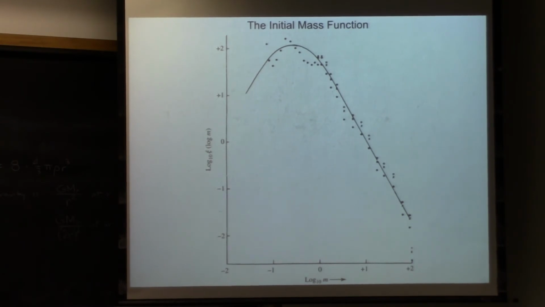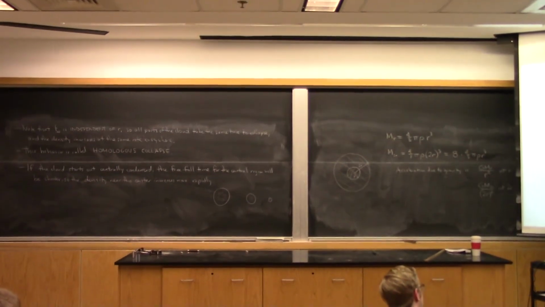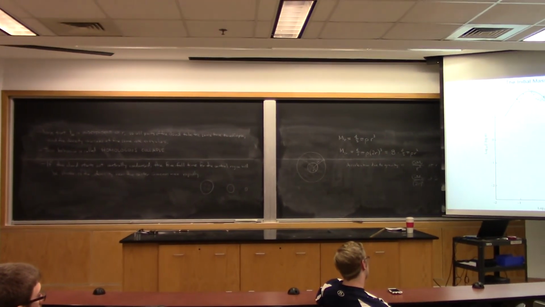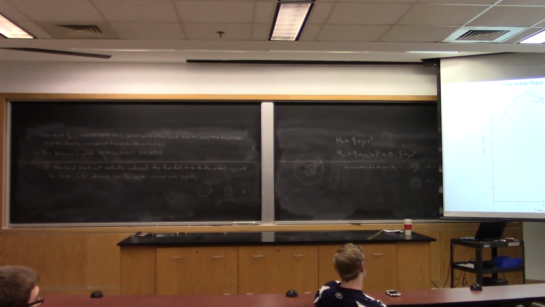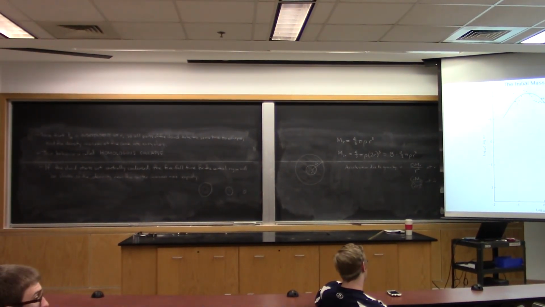So notice that the peak is at less than the sun's mass. So less massive stars form at much higher rates than more massive stars do. Why should that be? Well, it's not fully understood exactly what sets the star formation, but we can say something that clarifies the picture. So let's do that, shall we?